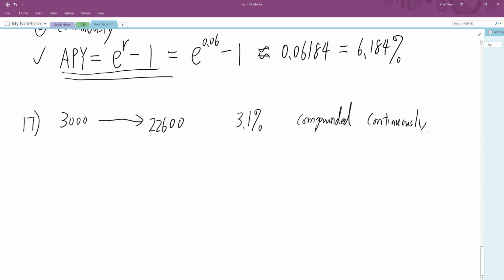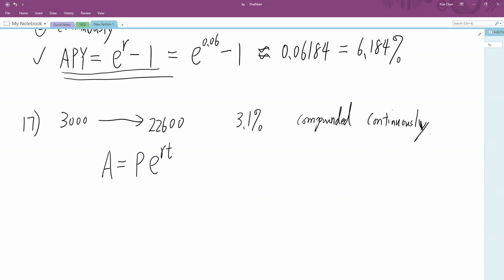Round the number of years to the nearest hundredths, so 2 decimals. Okay, so the formula we should use is for the continuous compound interest, which is A is equal to P times E to the RT, right? So it asks you how many years. So it means you need to find the T value.